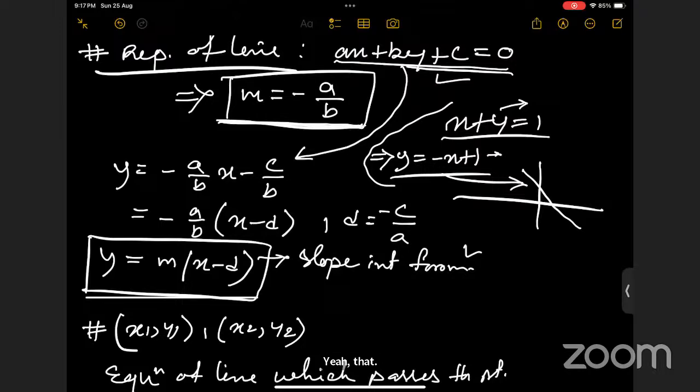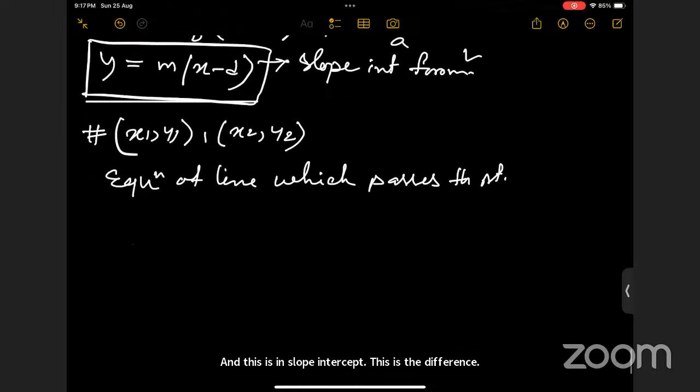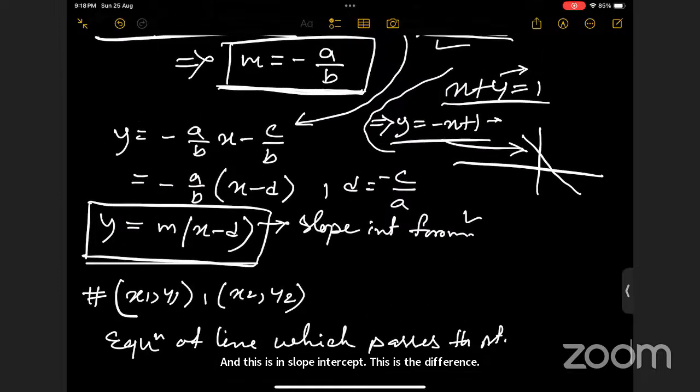Ma'am, that is not clear. When you say intercept, it means where it is getting intercepted. Will this line intercept any other line? No, it won't intercept like that. It's just the y-intercept, na? It will intercept on the y-axis.